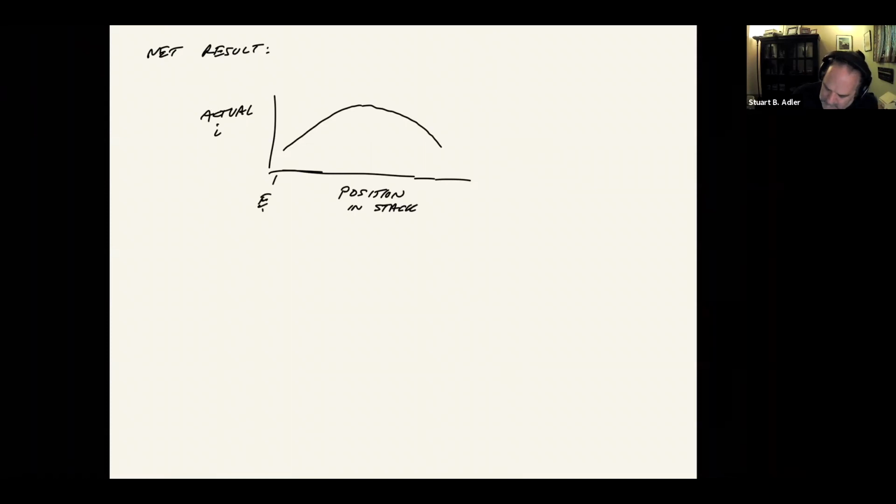So at the feed, we tend to have lower current density because it's colder. And then at the end, we tend to have lower current density because we've used up the fuel, and the happy medium is in the middle someplace. So when it's all said and done, this is the thing we're integrating.